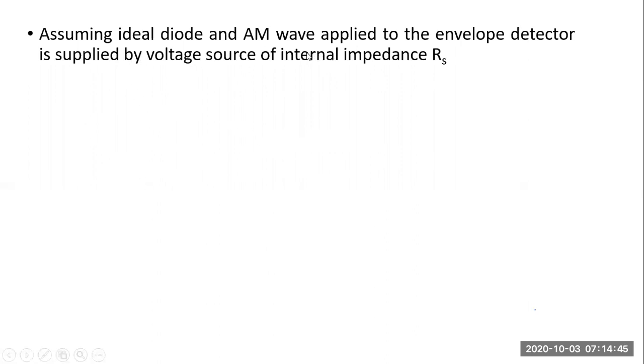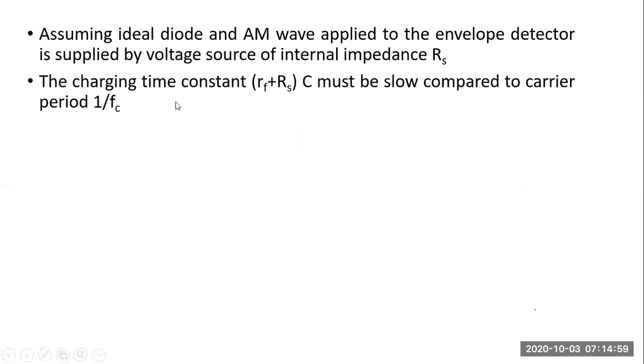If we assume the diode is ideal and the AM wave is applied to the envelope detector, it is supplied by a signal source having internal resistance Rs. Then what is the charging time? The charging time will be Rf, which represents the resistance of the conducting diode.